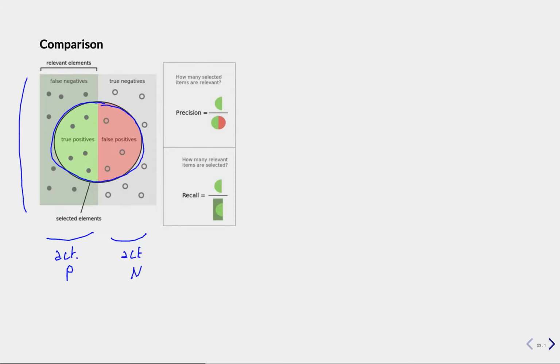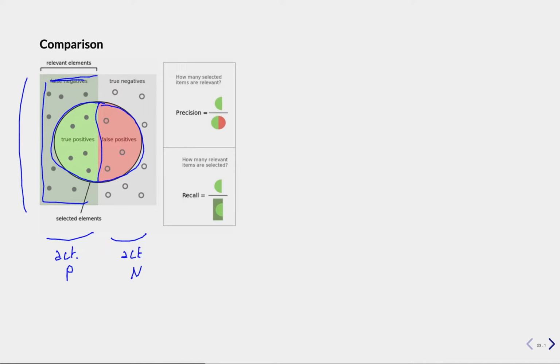And so some of these points here are true positives. Right? These are the points of the actual positives that we detect. All the other ones here are the positives that we don't detect. They're false negatives. We predict negative while they're actually positive. In the red here are our false positives.